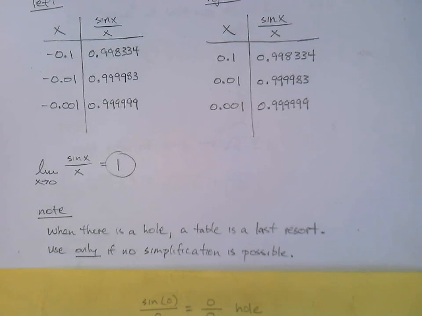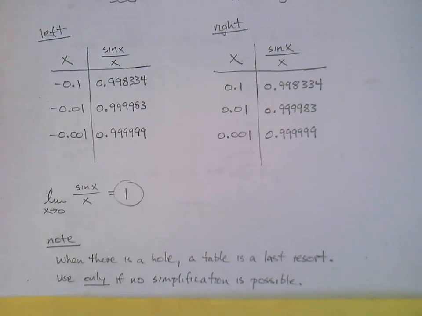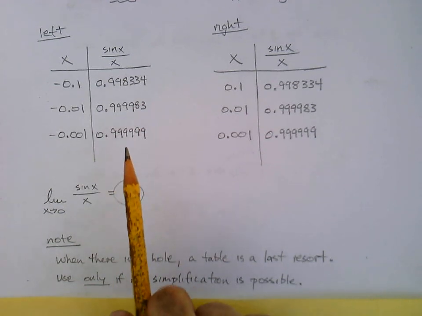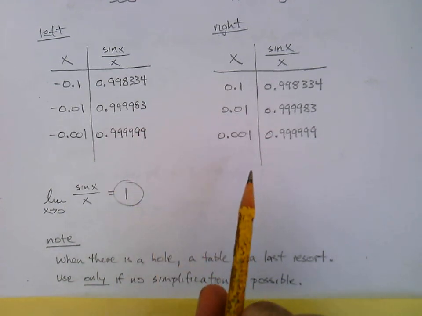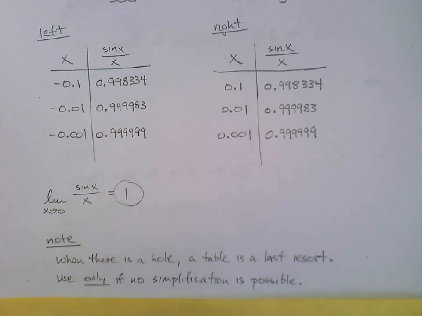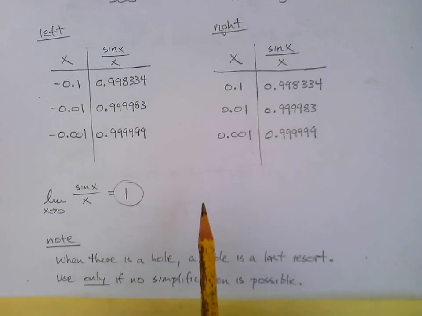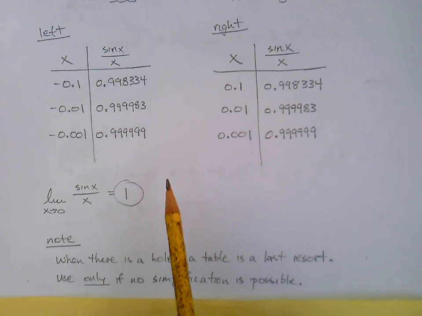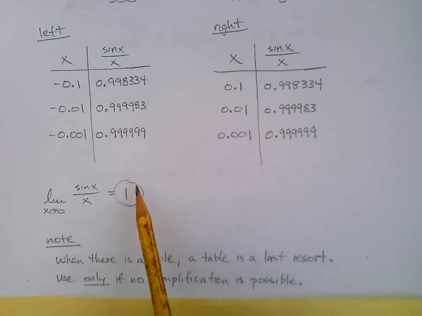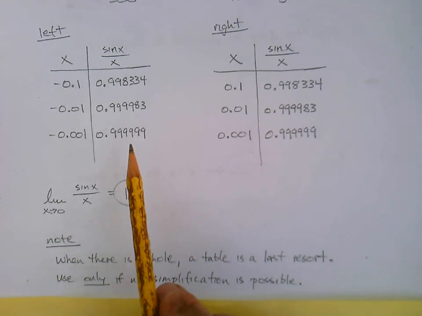Why is this a last resort to use a table? Because the truth is, a couple reasons really. For one, it's just tedious. But even more so than it's tedious, a table needs to be a last resort because the truth is, we're actually just guessing when we say this equals 1. And it's true, it is equal to 1.